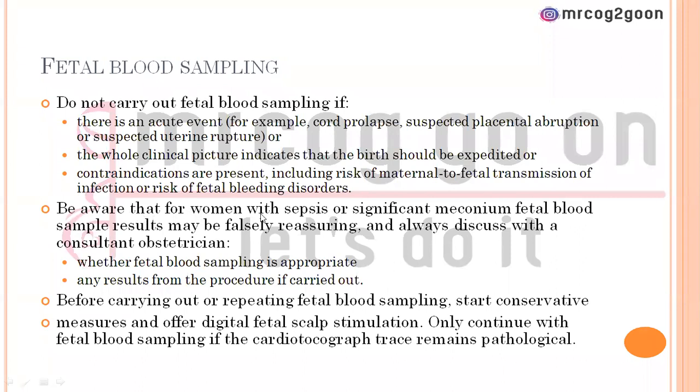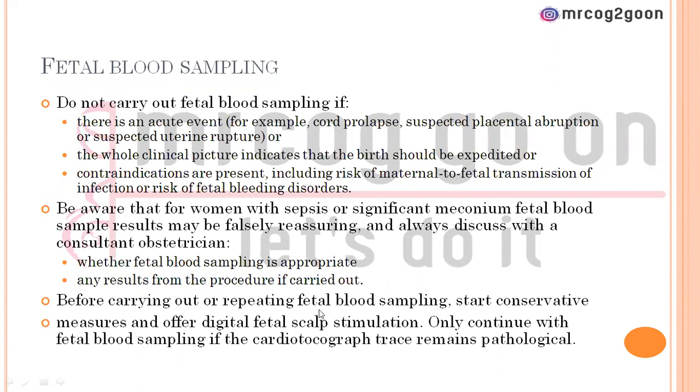Be aware that for the woman with sepsis or significant meconium, fetal blood sample may be falsely reassuring, and always discuss with a consultant obstetrician. Discuss the results always with a consultant, whether the fetal blood sample is appropriate or the results.